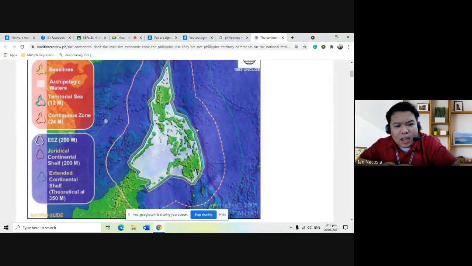So there are four aspects of territory. Okay, of course, the land, the space above the land, okay, and of course the bodies of water surrounding your land, okay. So if you look at the yellow line, the blue line here, okay, the blue line, this is considered as our territorial sea, right?